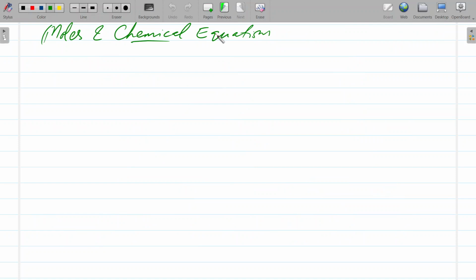Now today, the first thing we're going to learn is when you write a balanced chemical equation, not only do you know the number of moles of reactants and products, you also get to know the masses, and there's an interesting thing as far as the mass is concerned. So the example we're going to use is magnesium burning in oxygen to form magnesium oxide.